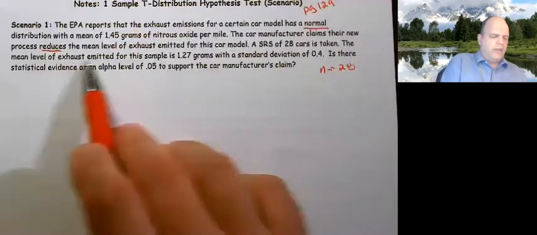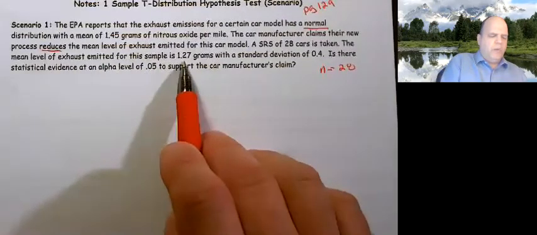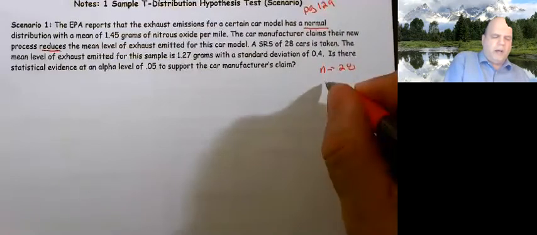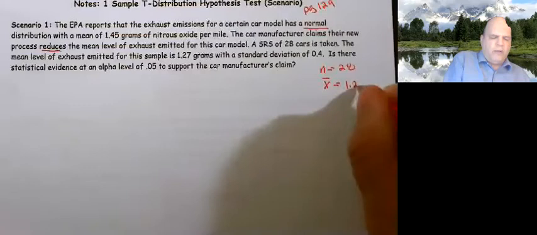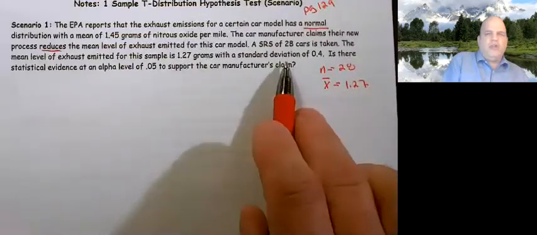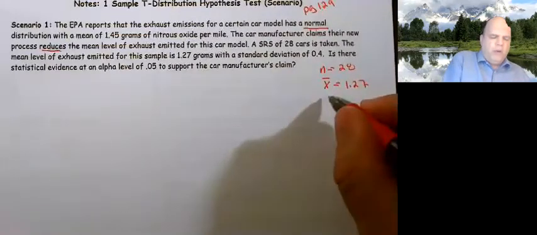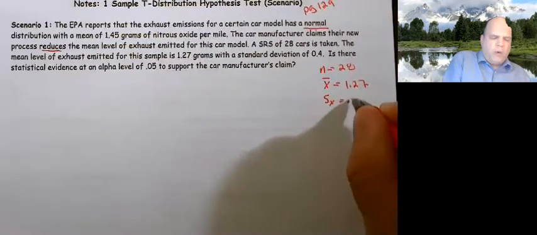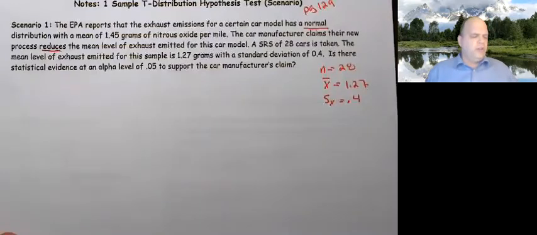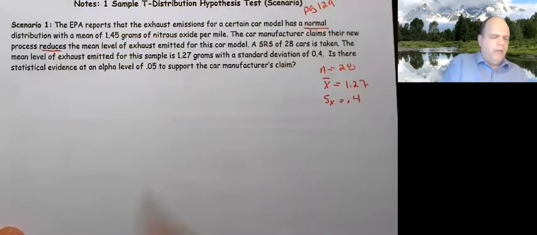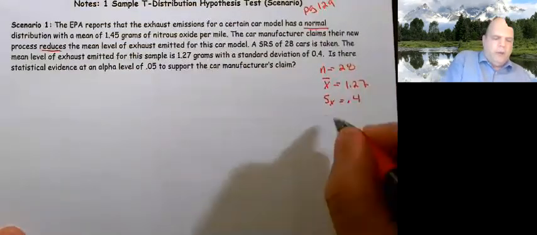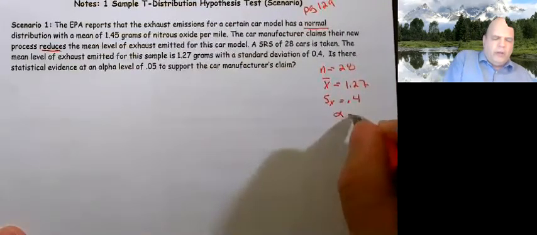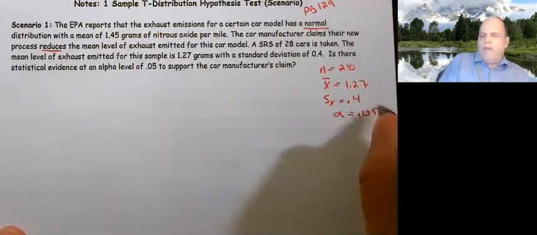The mean level of exhaust emitted for this sample is 1.27, so my x bar is 1.27, and the standard deviation of the sample is 0.4, so s of x is 0.4. Is there statistical evidence at an alpha level of 0.05 to support the car manufacturer's claim? So they also want me to run this test at 0.05.